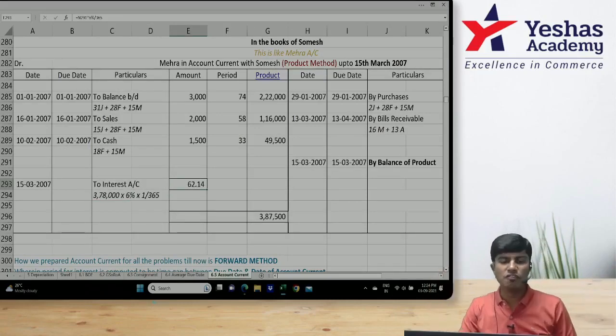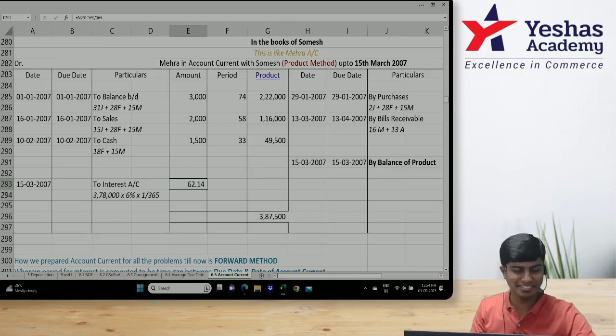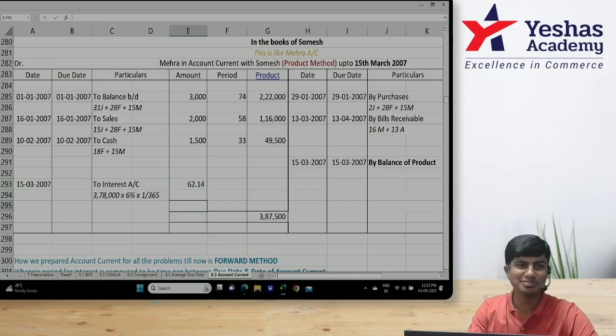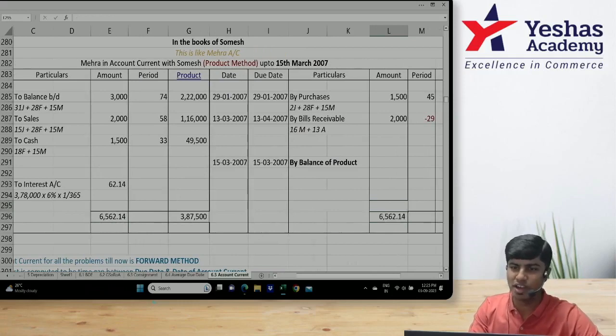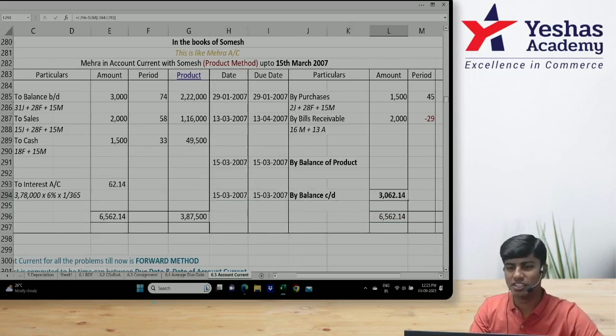Find the total: 6,562.14. Come on, find the balance carried down. It is 3,062.14.